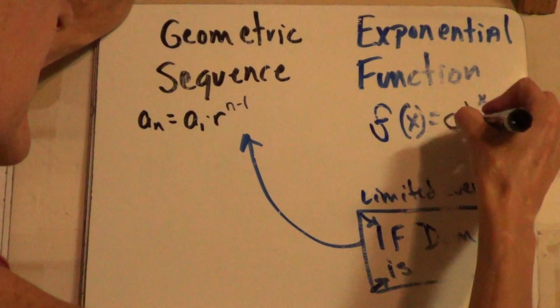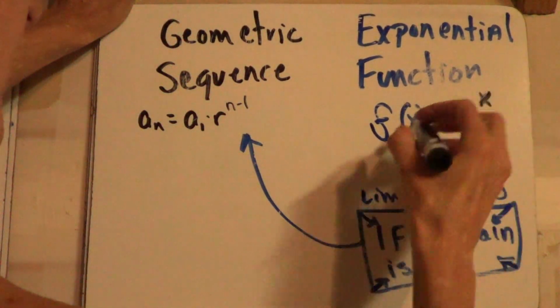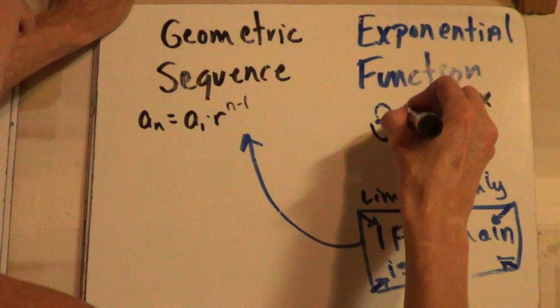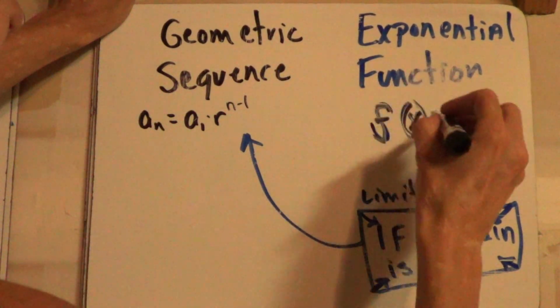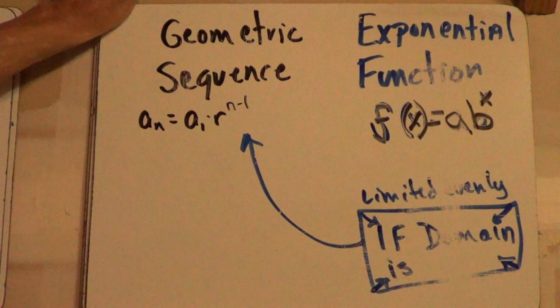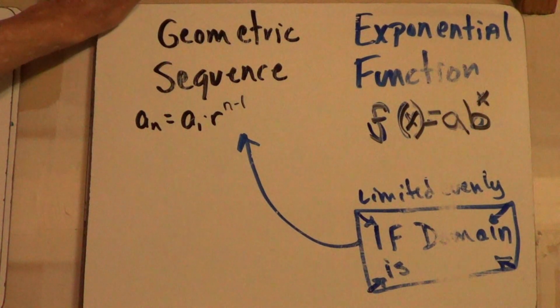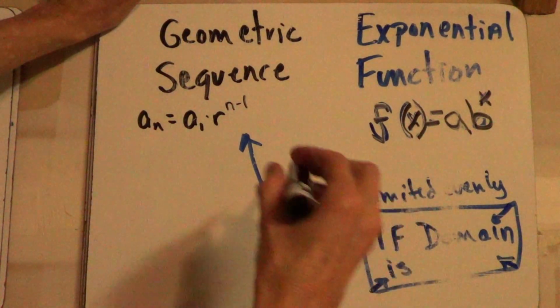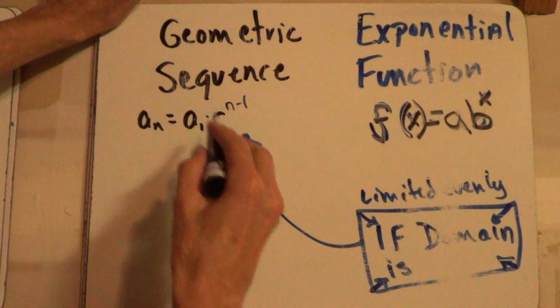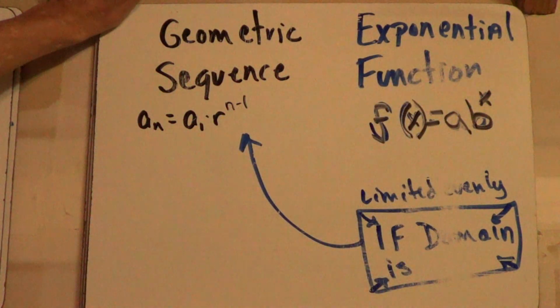And the formula for it is a b to the x, and you would have a function of f of x. Okay, so you might see some similarities here.